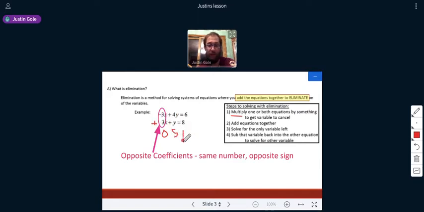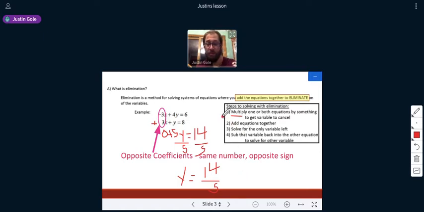Plus 5y equals 14. Then we'd solve for the variable. Divide by 5, and we'd get y equals 14 over 5. Then we would plug that back into the equation, and we would find our x value.